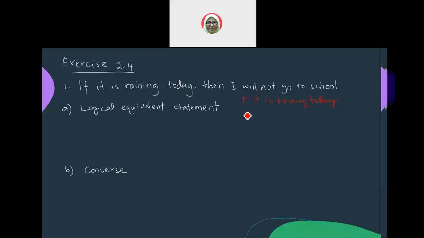Next simple statement defined as Q: I will go to school. Take the positive statement. So this conditional statement in symbolic is P implies not Q.